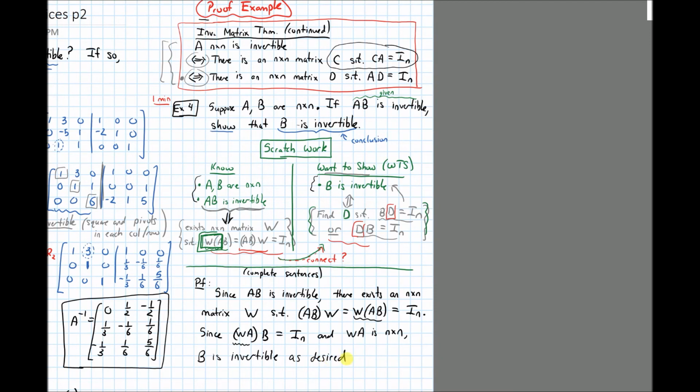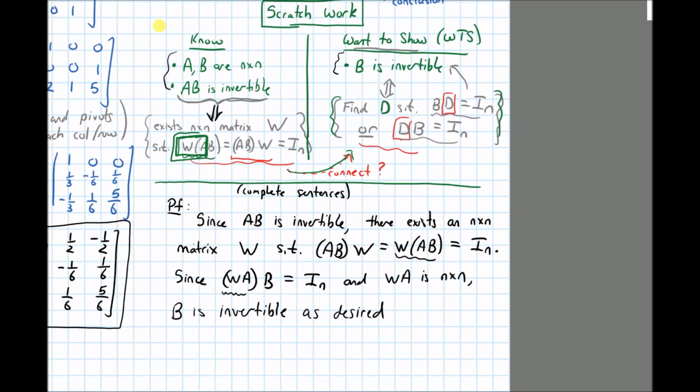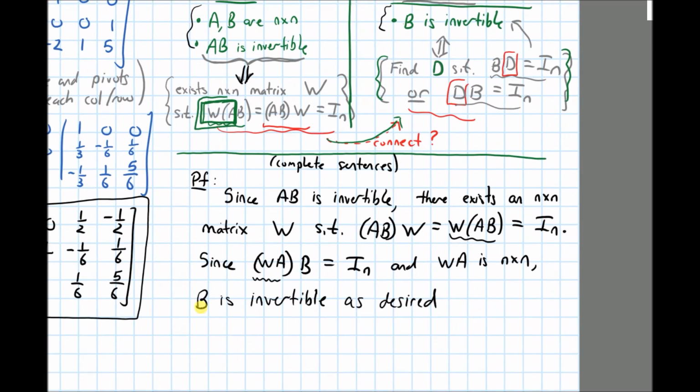Let's zoom back in. This is a little bit hard for me to write, so I zoomed out. Okay, so because I can multiply B on the left by a square matrix to give me the identity, that means that B is invertible. That was one of the parts of the invertible matrix theorem. So at this point, I'm actually done with the proof. I have shown what it is that I wanted to.